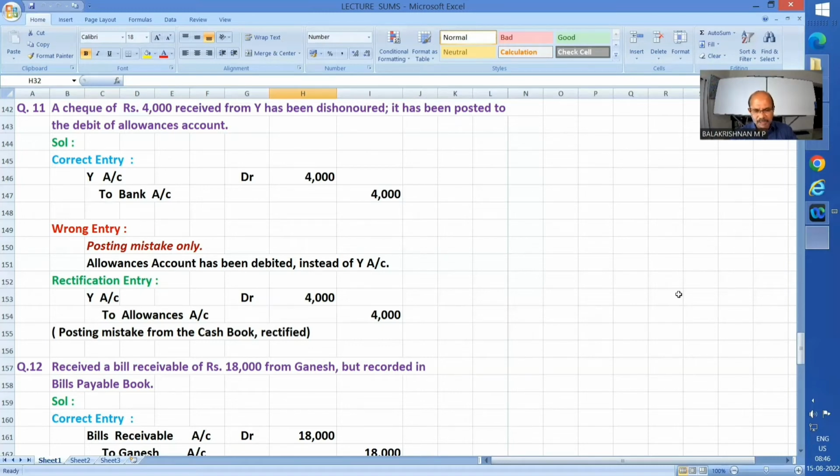Post mistake from the cash book rectified. Mind it, this is just a post mistake only. The credit side of the bank you have shown, so bank you have properly accounted for. While posting the entry from the cash book to the ledger, a mistake has been made. Y account I should have debited, instead I have debited allowances account. Hence this rectification entry: Y account debtor to allowances account. Okay.